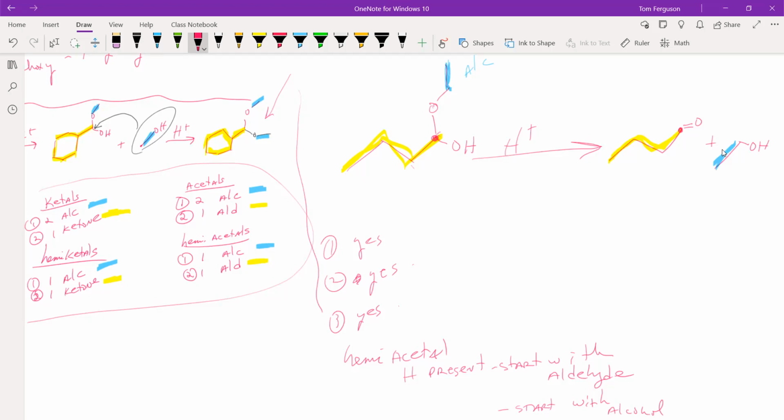Now, we only created 1 alcohol in this case because we started with a hemi. If we started with a full-blown acetal, we'd end up with 2 alcohols, 1 from each O group there. How are we doing? It's just wild stuff, isn't it?